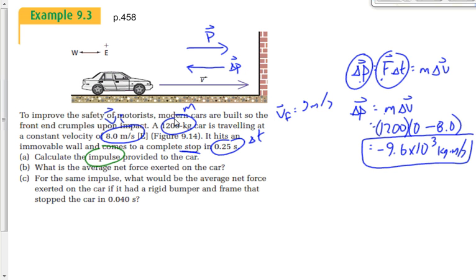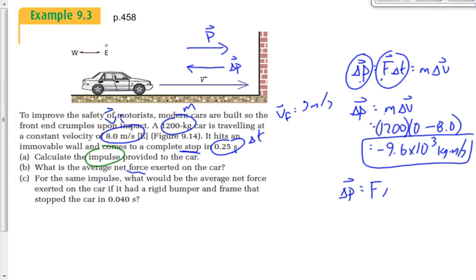Okay, let's look at B. What's the average net force exerted on the car? Hey, look what I see. Force and time. We already solved for impulse, so let's use that value that we just solved for.